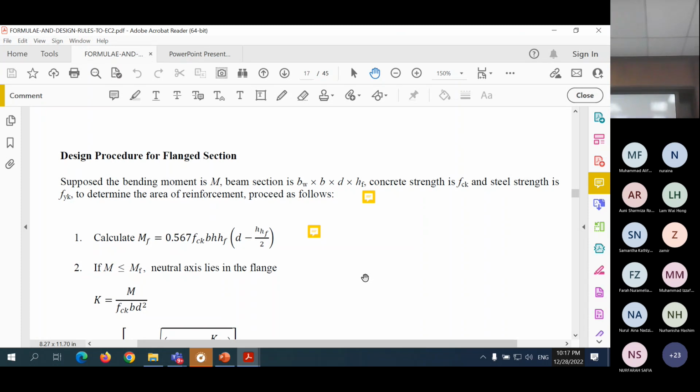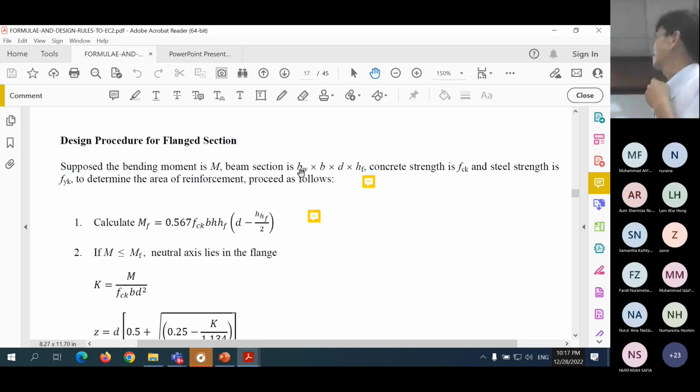Now, these are the steps involved. Here we have the formula and also the dimensions of the flange. BW is the width of the web, which is the width of the beam part. Now, B here in this design formula is the same as B effective.